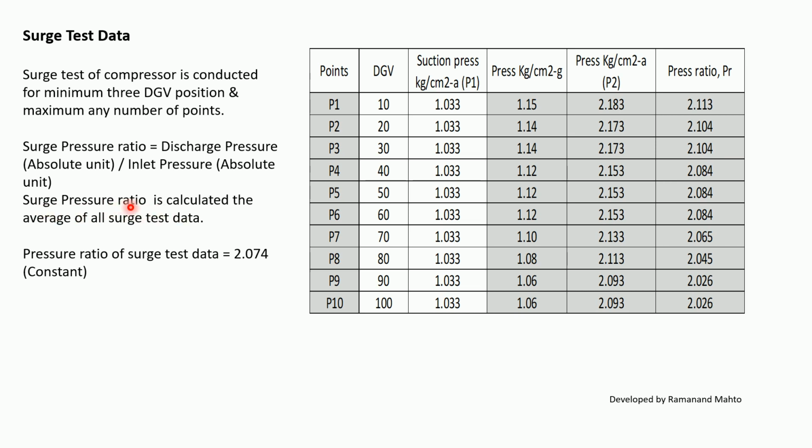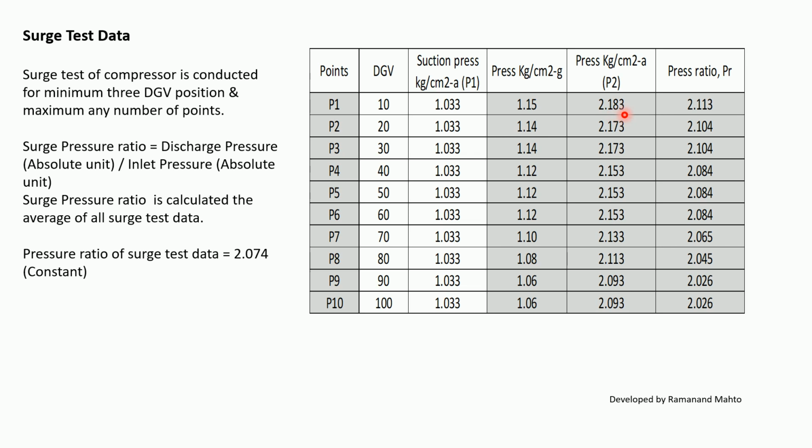For the surge pressure ratio, you have to calculate it for each point, and then you have to take the average. So the surge pressure ratio after taking the average of all these points is 2.074. These are the sample test data. P1, P2 up to 10 points at different DGV positions, 10%, 20% to 100%. Inlet pressure 1.033 is the same for all the points, and discharge pressure gauge is 1.15, 1.14, and lastly 1.06.